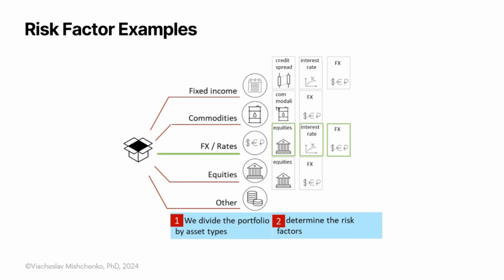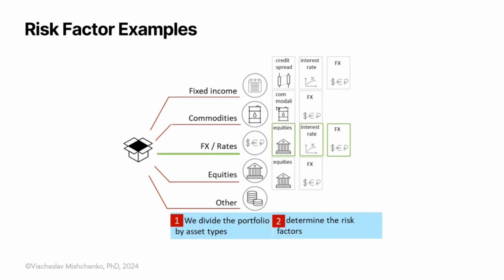For example, let's take our forex rates sub-portfolio as an example. We've identified three key risk factors here: interest rate risk, currency risk, and equity risk. It might be surprising why equity risk is in the forex portfolio.